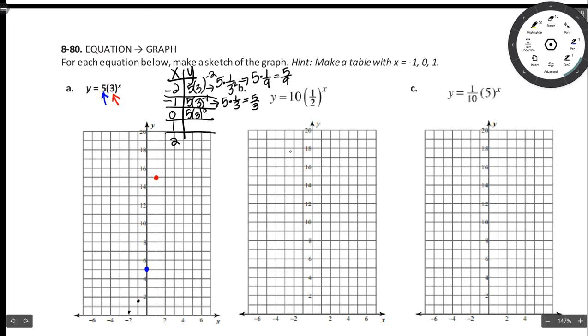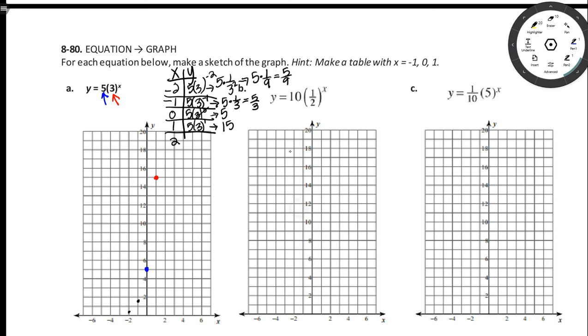Plug in 0. Anything to the 0th power is just 1. So this is simply just 5. And that makes sense because my starting value, when x is 0, is 5. 5 times 3 to the 1 is going to be 15. And that's how I got that 15 earlier.